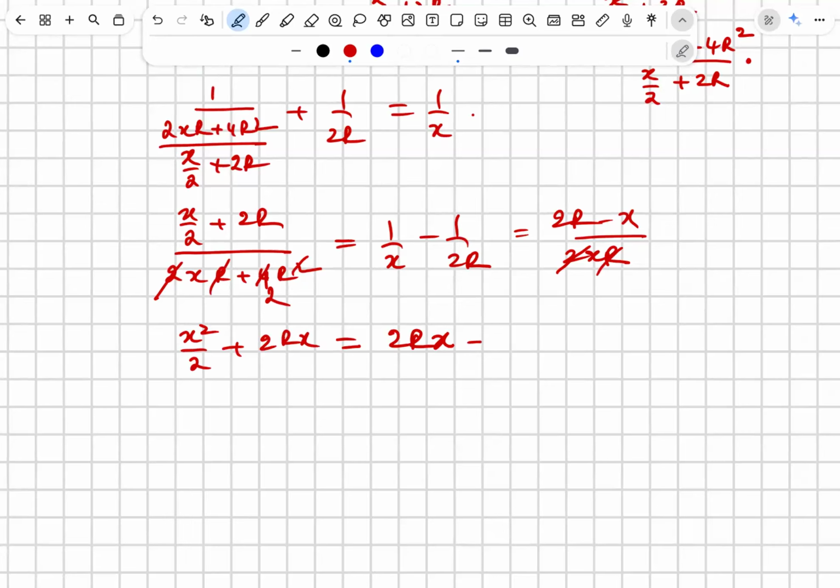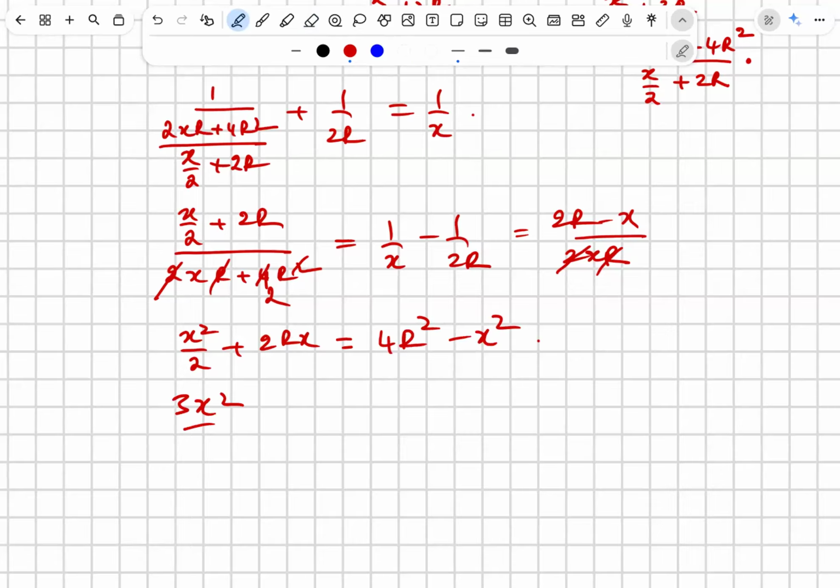ఎవరైనా కన్ఫ్యూజ్ చేసి అడగకండి. 2rx plus 2r x plus 2r, 2r minus x రా ఇది. దాన్ని ఇంకేంటి చేసేది? a minus b a plus b, a square minus b square, 4r square minus x square.